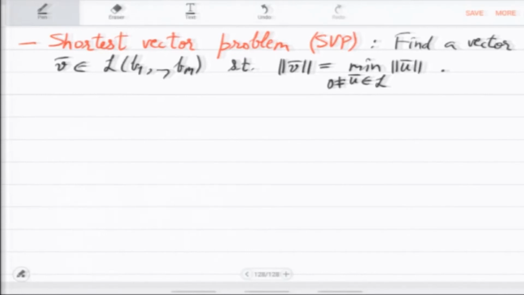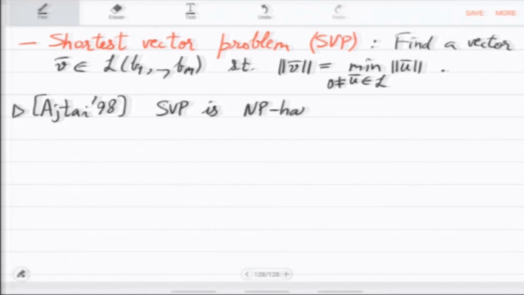And not very long ago, Ajtai was the first one to show that this is NP-hard. And soon after, Micciancio showed constant inapproximability of SVP.